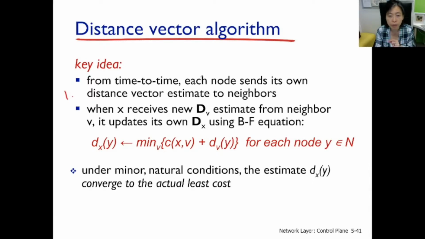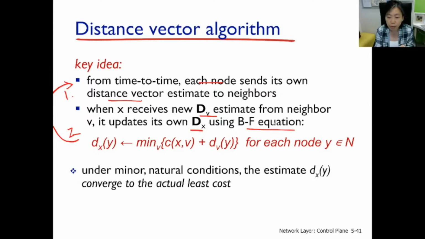First, each node sends its own distance vector to the neighbors. This is the message passing phase. Then, when the node receives the distance vectors from all the neighbors, the Bellman-Ford equation calculation begins. As a result, the node x discovers its own distance vector. And we loop back: this node then passes D_x to the neighbors.